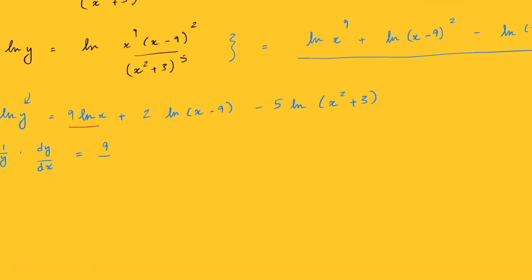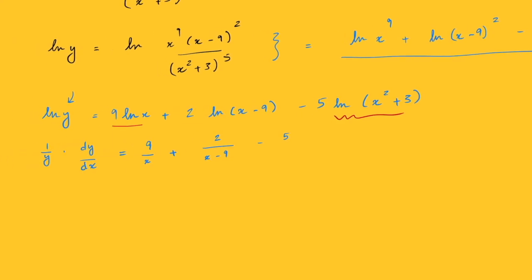So it is going to change to 9 by x plus 2 times 1 divided by (x minus 9), minus 5 times the derivative of this expression right here.